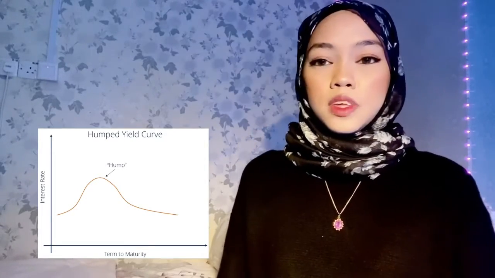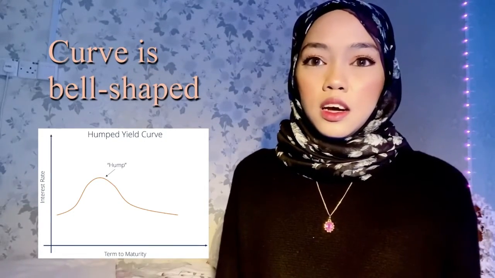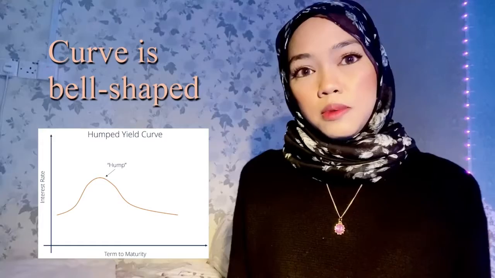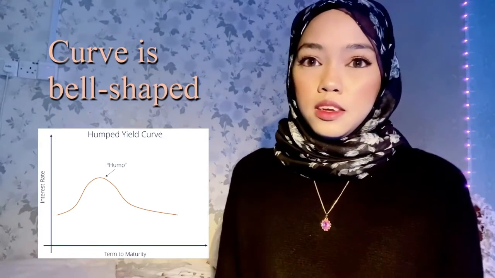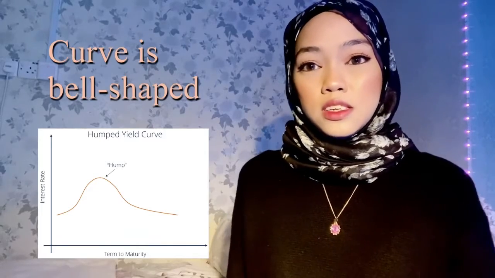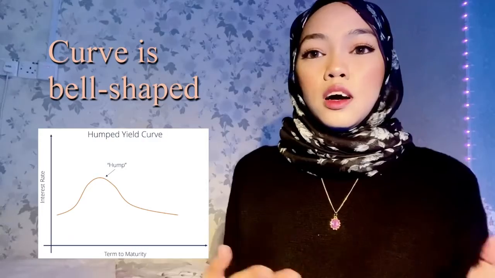economy. When the curve is bell-shaped, it reflects investor uncertainty about a specific economy or condition, or it may reflect a transition of the yield curve from normal to inverted, or inverted to normal. Although a hump yield curve is often an indicator of slowing economic growth, it should not be confused with an inverted yield curve.